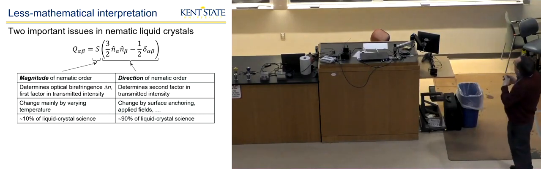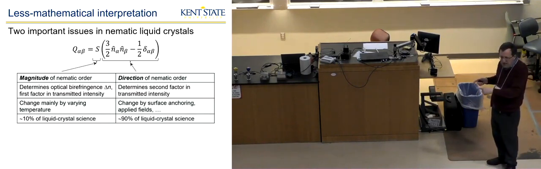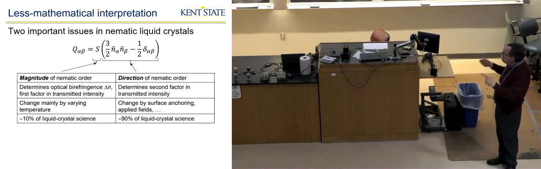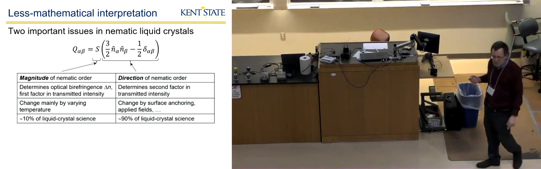The other issue is the direction of the nematic order: what axis did the molecules choose of all the possible axes in three-dimensional space?